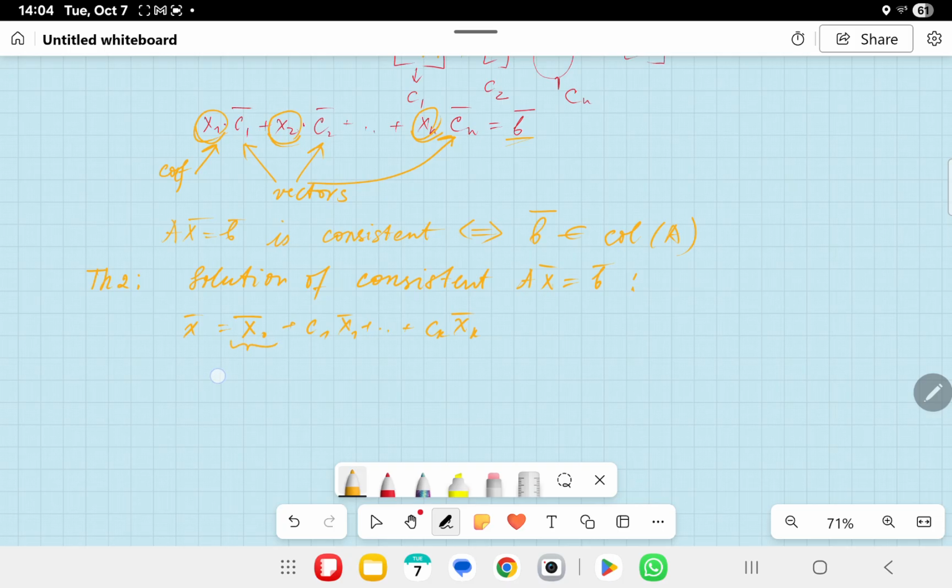And you probably remember I was calling this particular x0 just one possible solution of the non-homogeneous system.